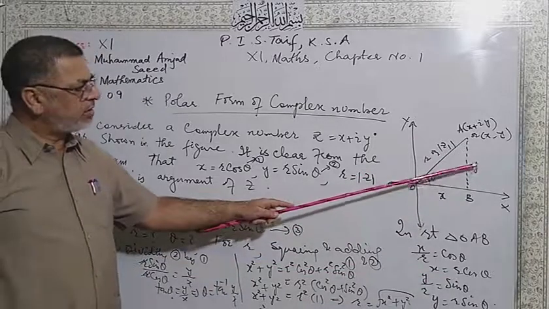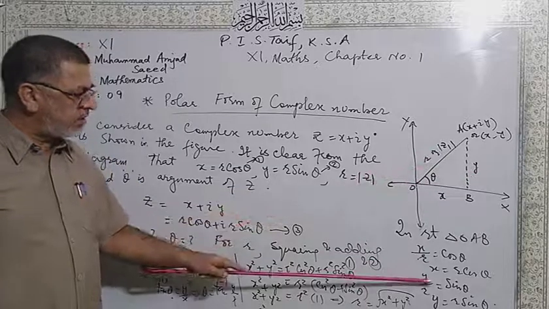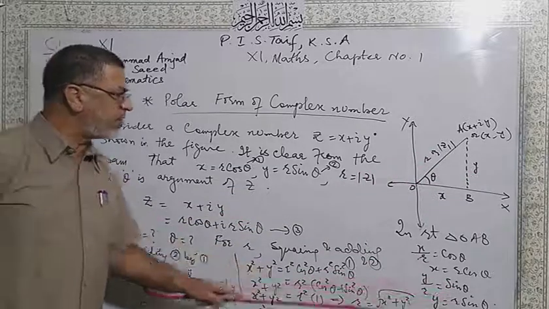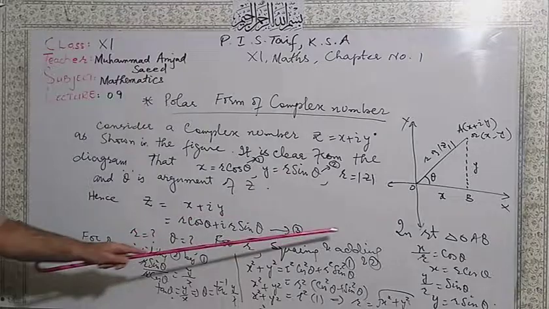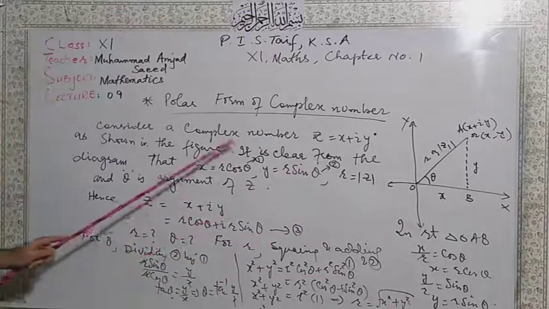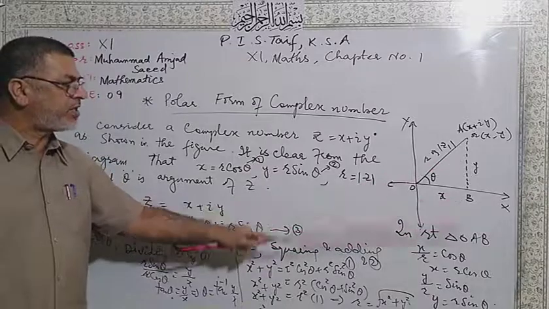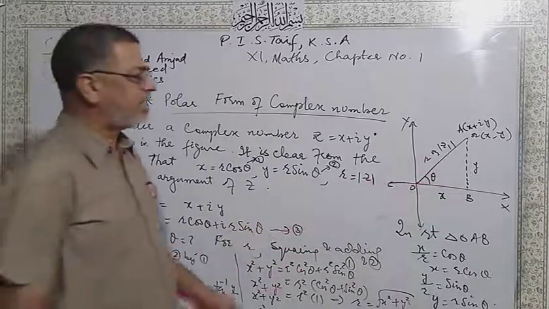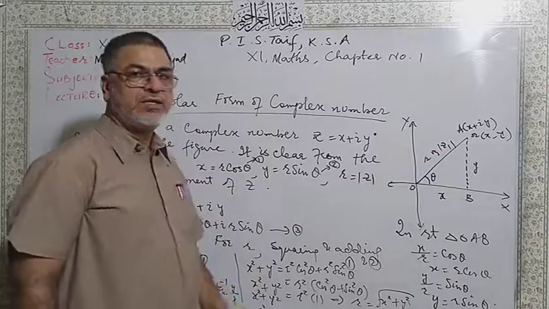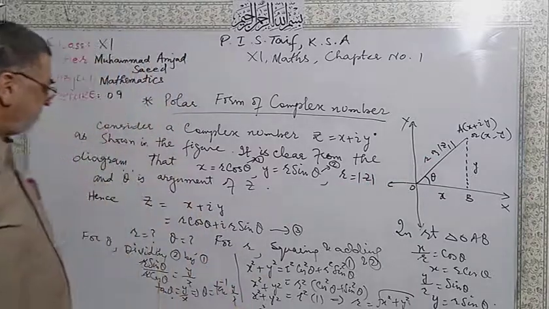So perpendicular y over r is equal to sin theta and y is equal to r sin theta. These are the two equations we got using trigonometric ratios in a right triangle. You know that in 9th class and 10th class we have frequently used these trigonometric ratios.